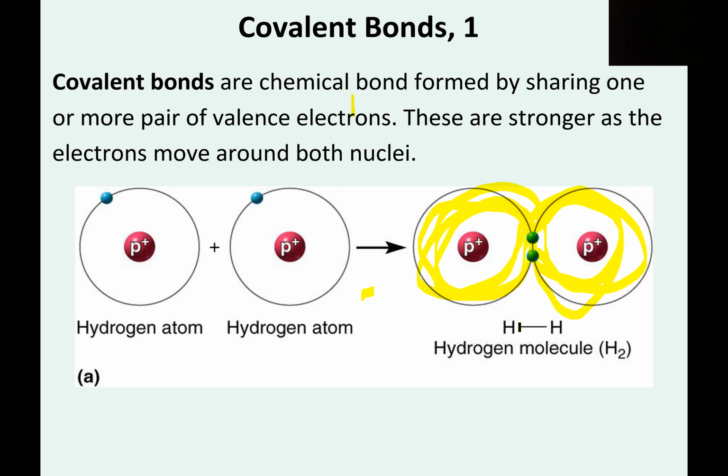Down here, we see a single line between the two hydrogens in a structural formula. The one line represents one pair. Each of the two different atoms provides one electron to the pair.